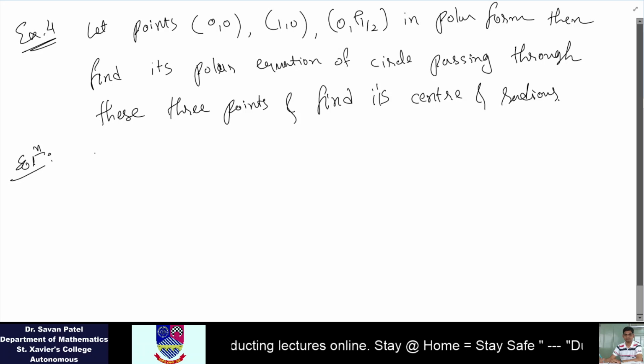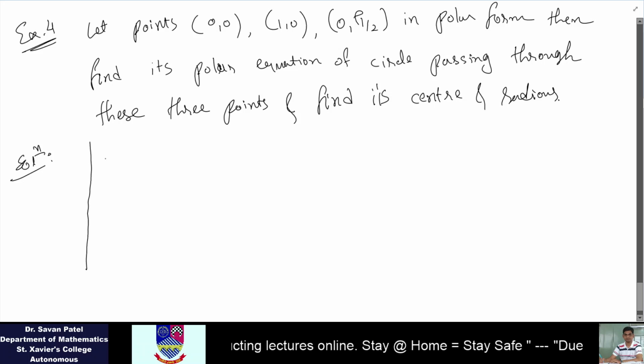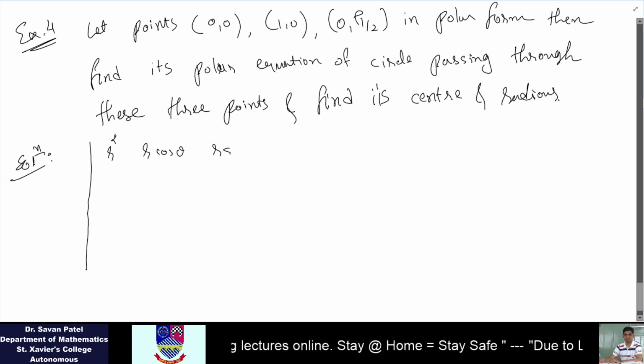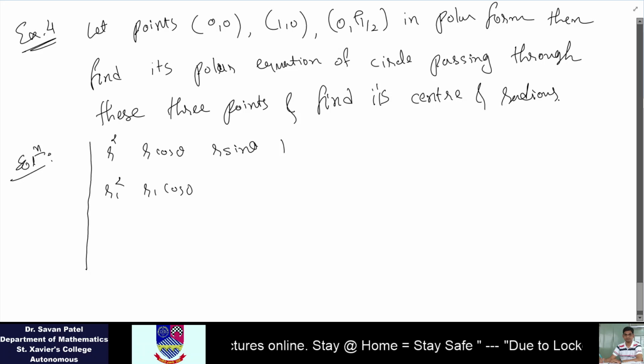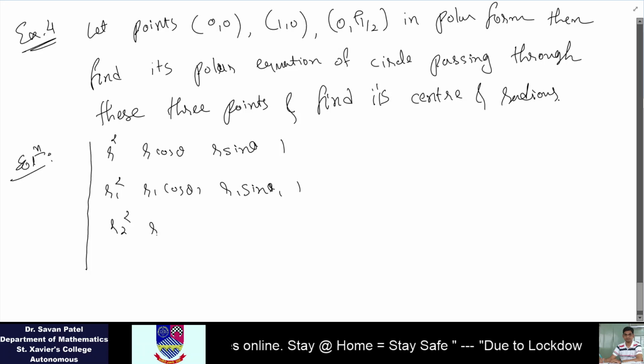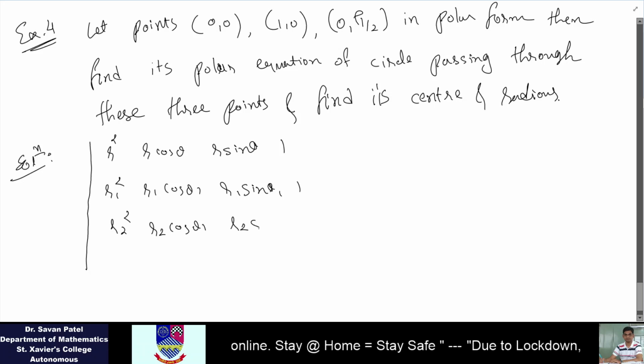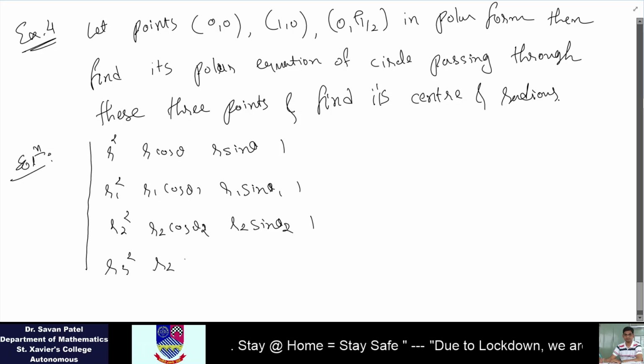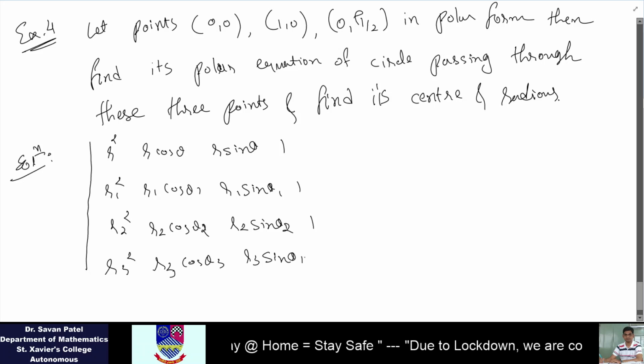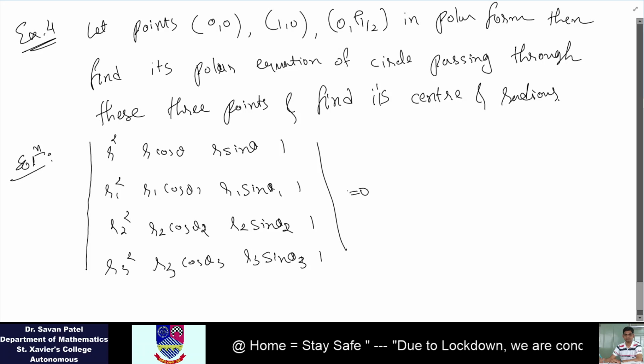As previously we have done, the polar equation of a circle is the determinant of the rows r², r cos θ, r sin θ, 1; r1², r1 cos θ1, r1 sin θ1, 1; r2², r2 cos θ2, r2 sin θ2, 1; r3², r3 cos θ3, r3 sin θ3, 1 equal to 0.